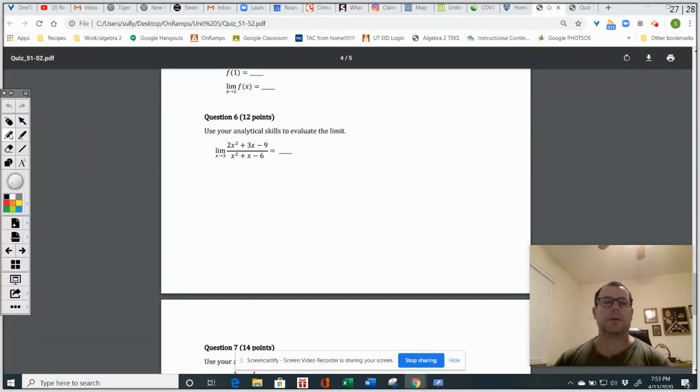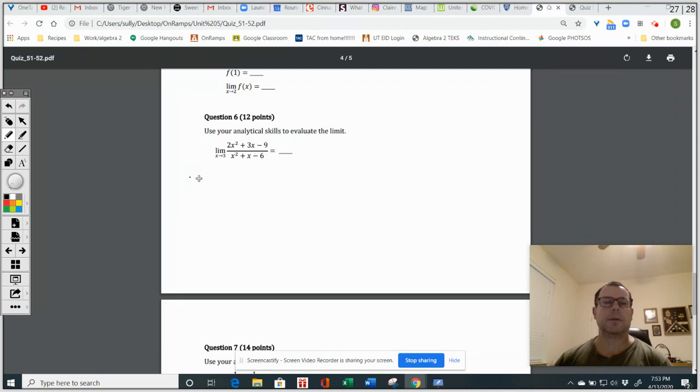Question number 6, use your analytical skills to evaluate the limit. So the limit as x goes to 3 of this function. The first thing that we would do with these is just plug in 3 and see if it evaluates.